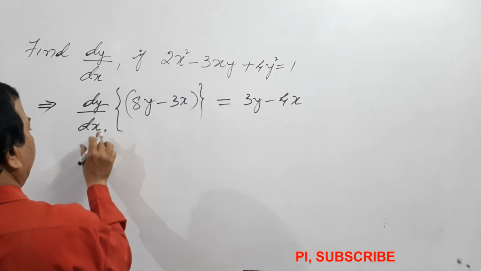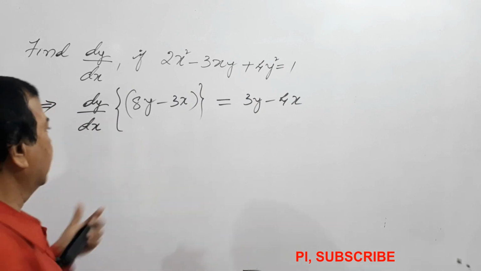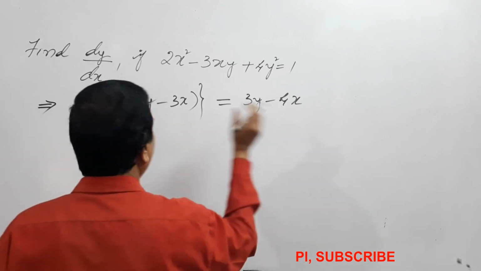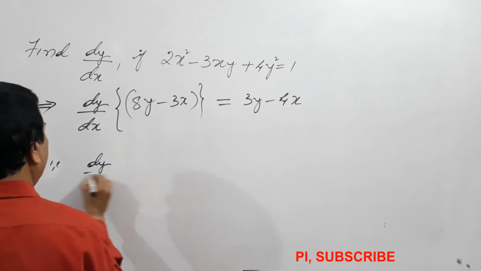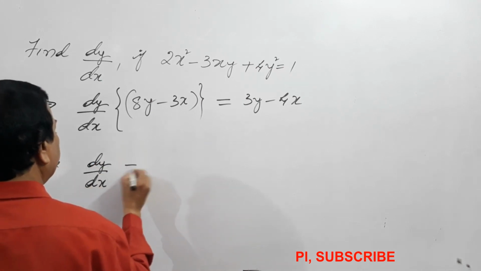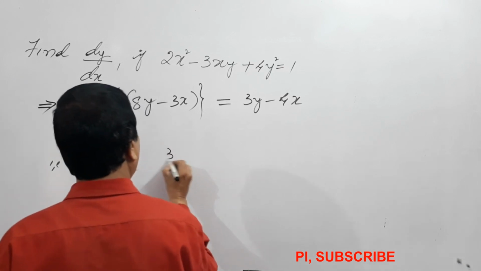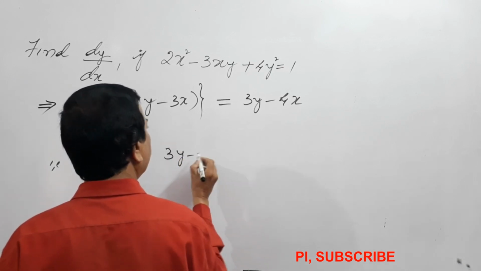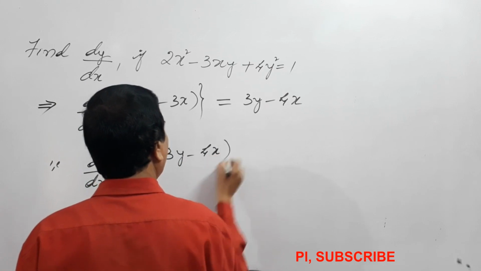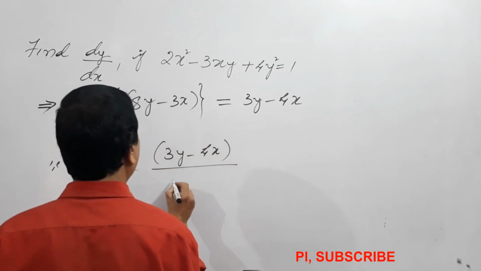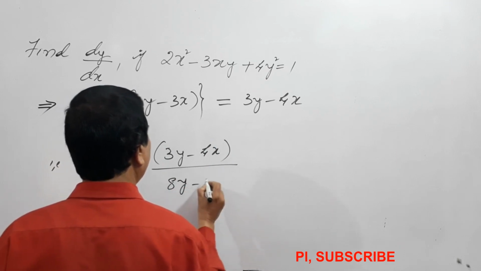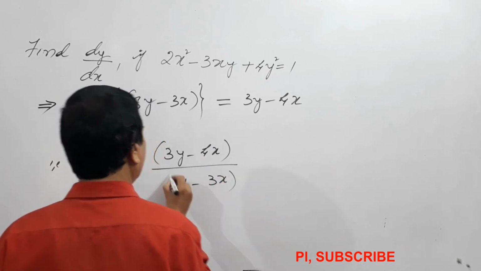Now, what is dy by dx? I send this to the denominator, that is dy by dx equals 3y minus 4x divided by 8y minus 3x.